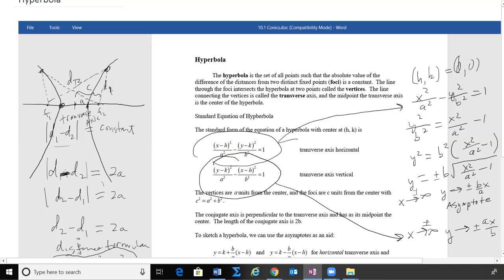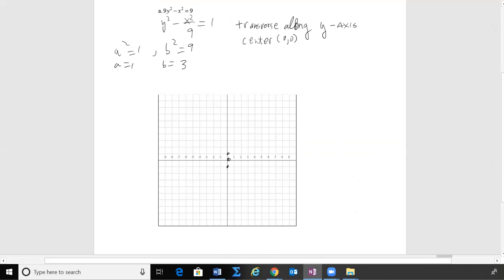So there's a little difference with the transverse axis. This is the case that we're going to have in our current example. So we know that our asymptote is y equals plus or minus a over b times x.